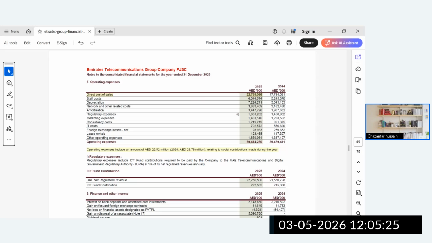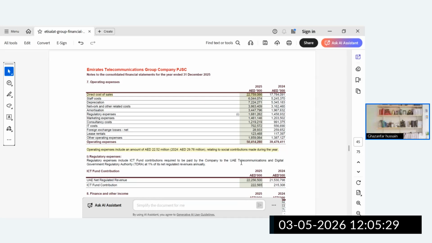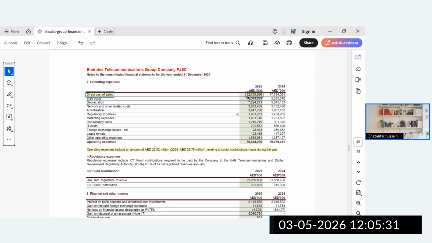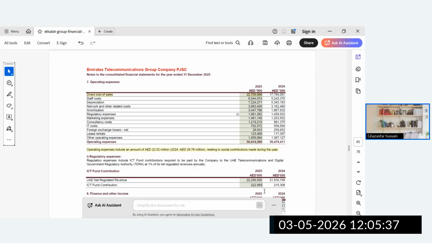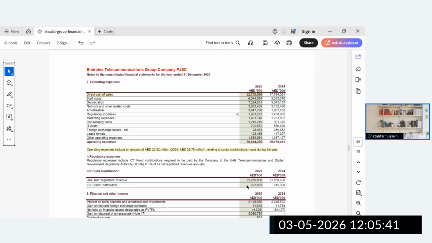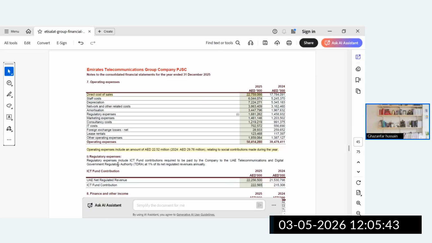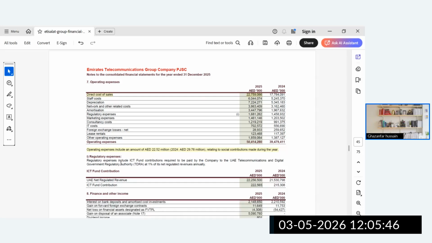As we mentioned the figures, let's keep the same figure, 22,759,000, because the breakup below is already given. Here they made the ICT fund contribution, which is called the social contribution.